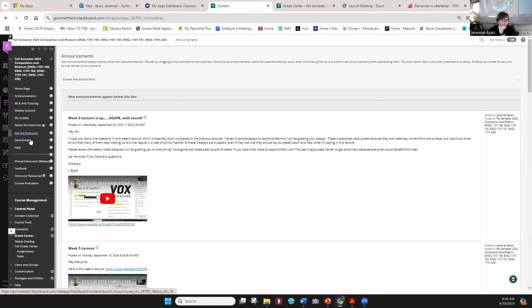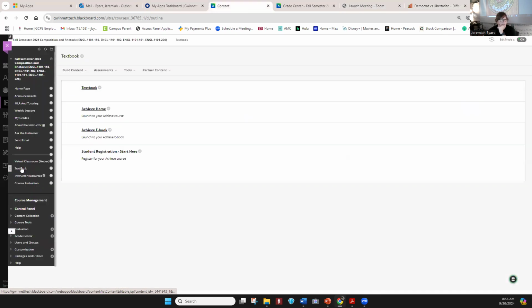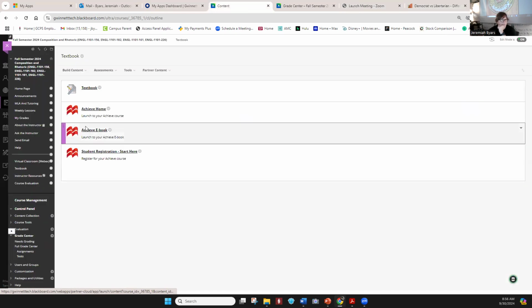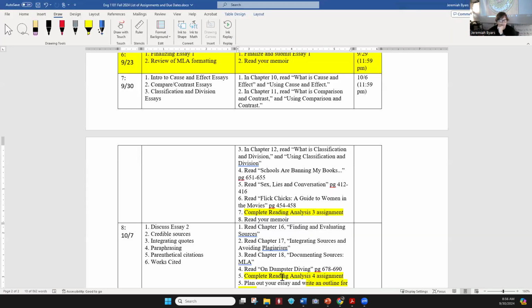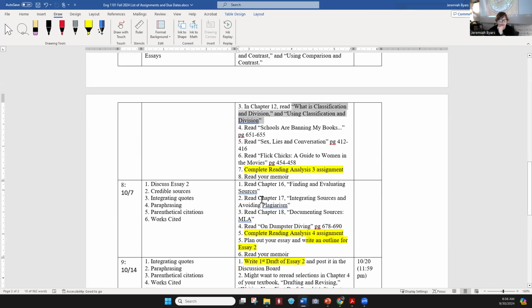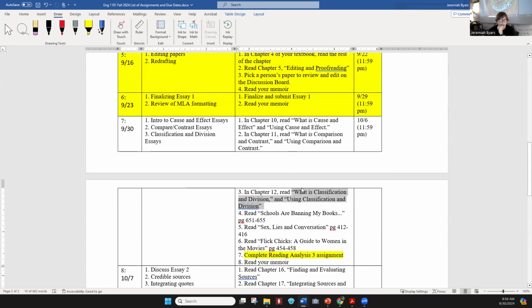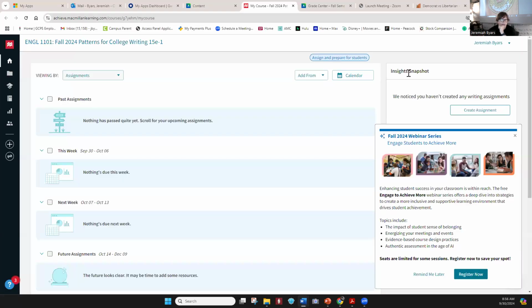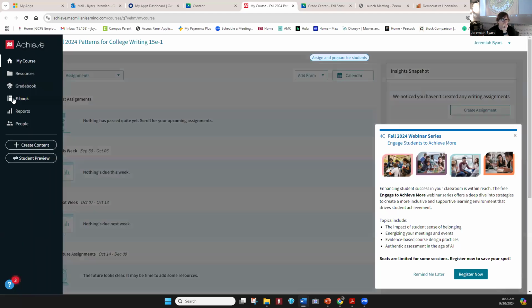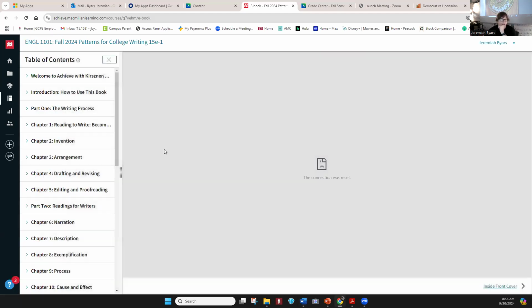So if we go to our textbook, the ebook, and pull up my sheet here. Okay. It's on page 412 or 651. Schools Are Banning My Books. Okay. Ebook.